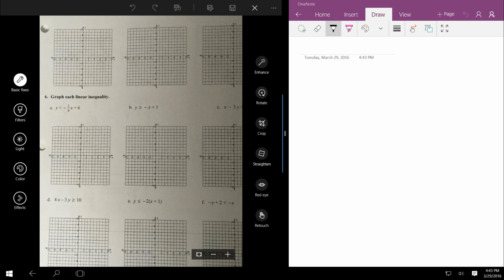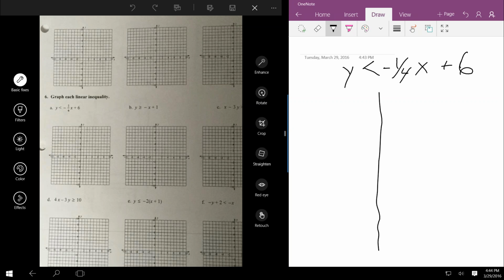And let me write it over here. We have y is less than -1/4 x plus 6. So what's the difference between graphing equalities and graphing inequalities?